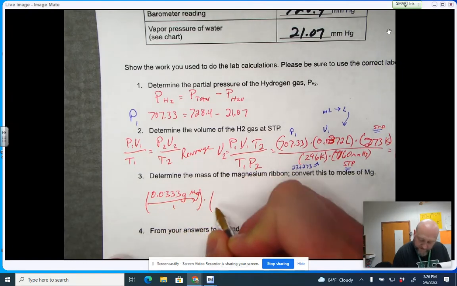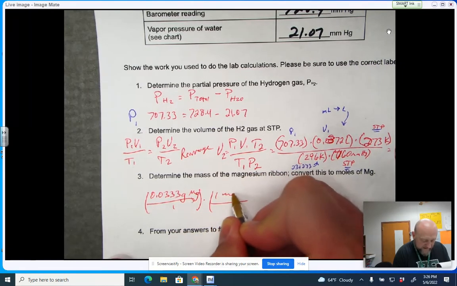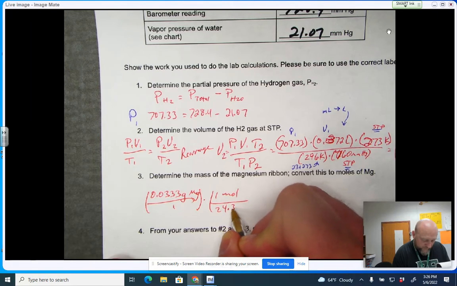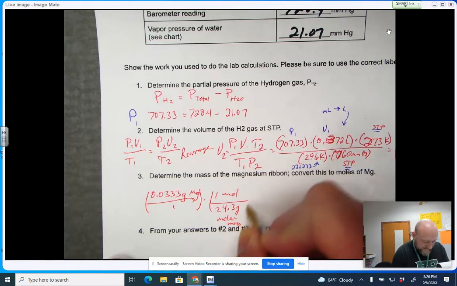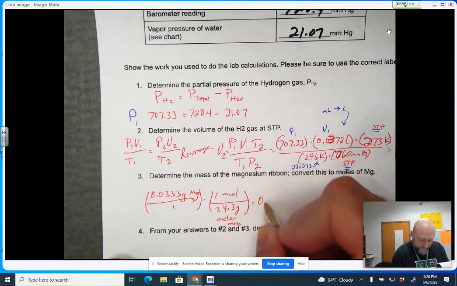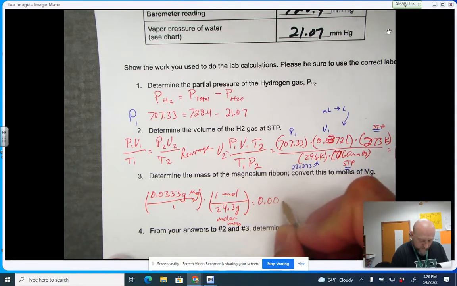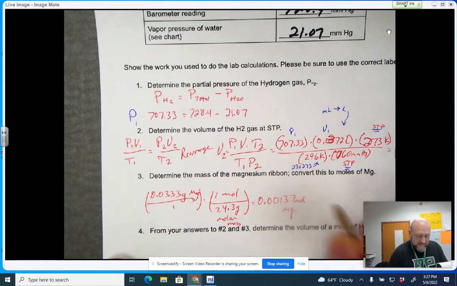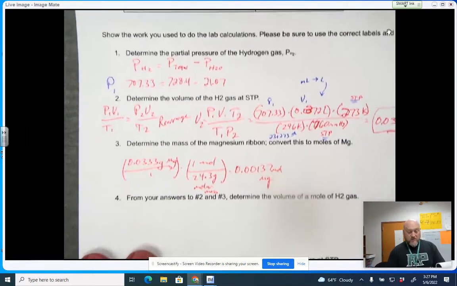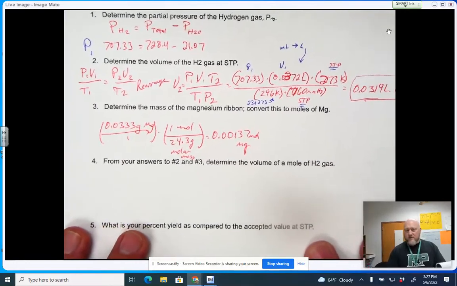We're going to now multiply this by the molar mass of magnesium, which is 24.3 grams. This is the molar mass of magnesium, and therefore it's going to be 0.00137 moles of magnesium.